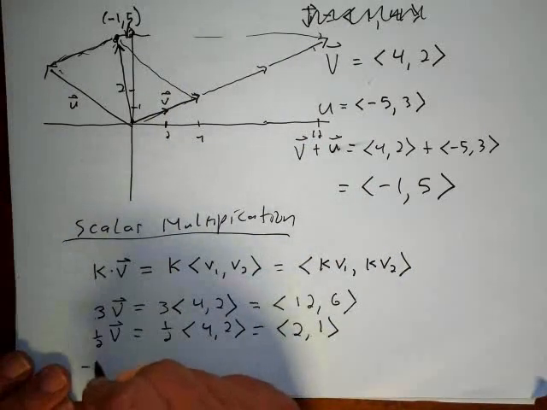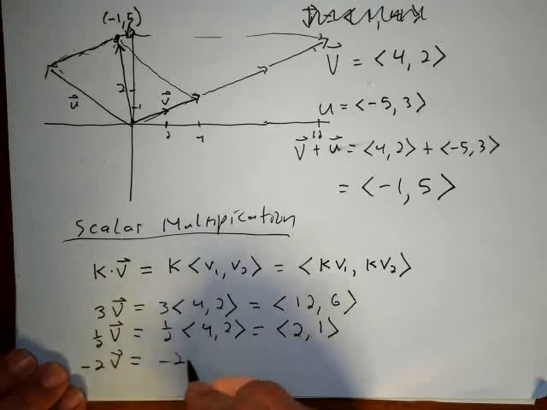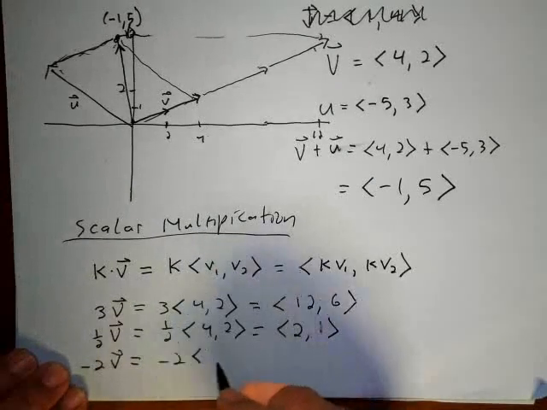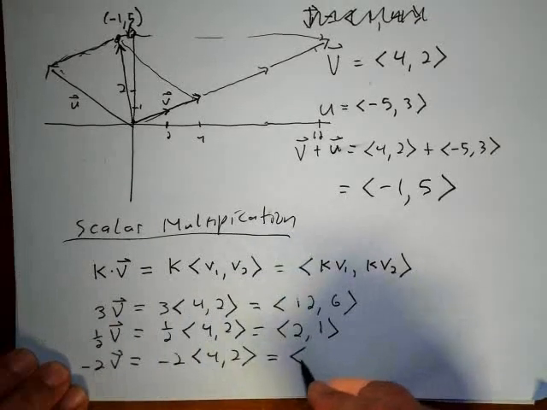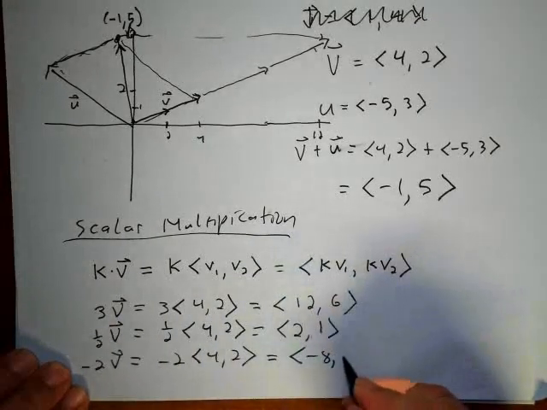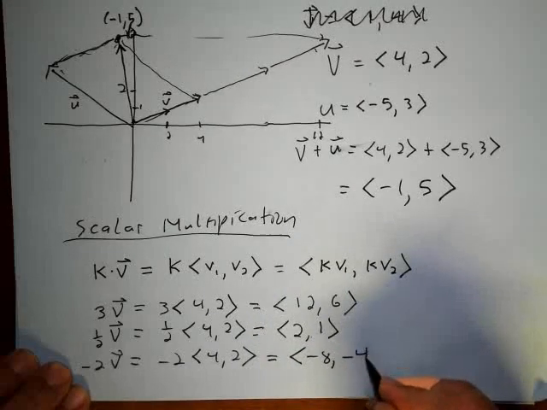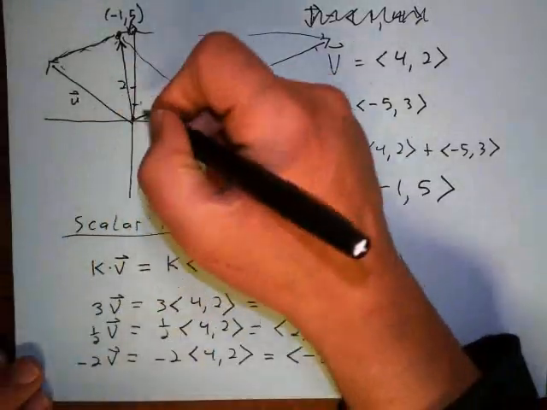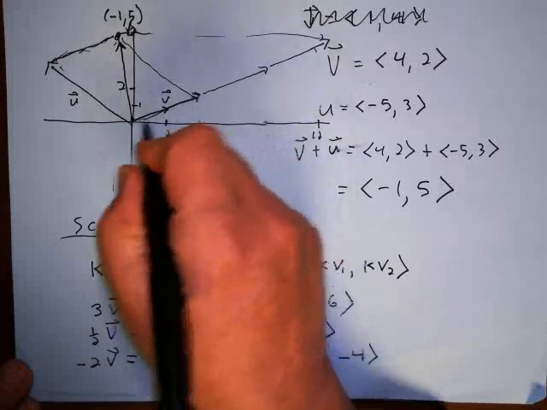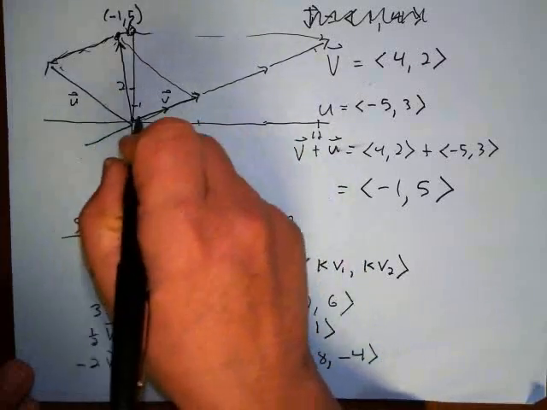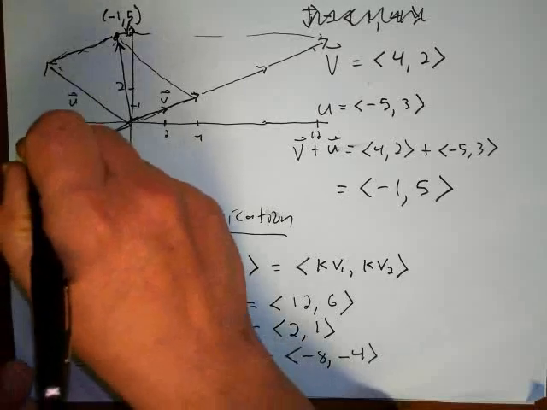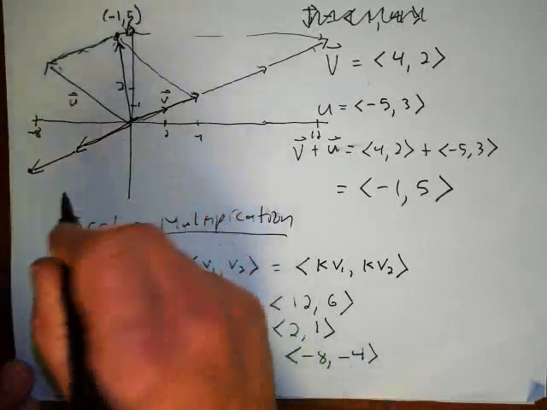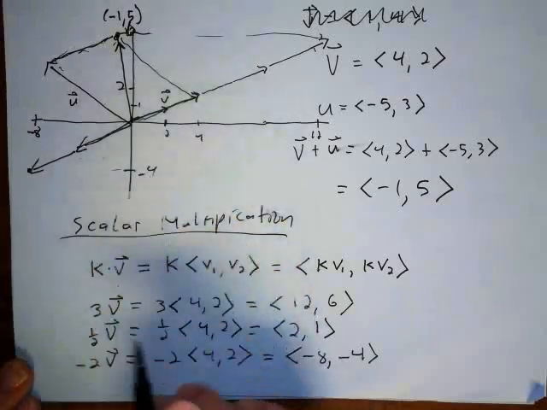And then let's say I did negative 2 times v. This would be negative 2 times 4, 2. And this would be negative 8, negative 4. And so negative 8, negative 4, it would be taking this v and bringing it backwards and then scaling it out twice. And this would be like negative 8, and down here would be negative 4.